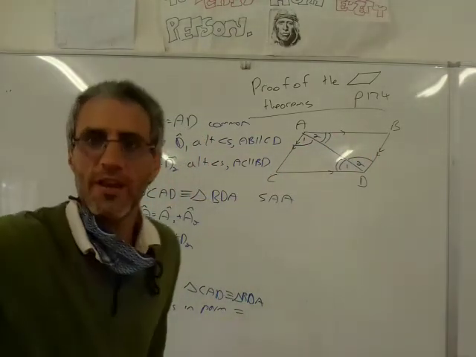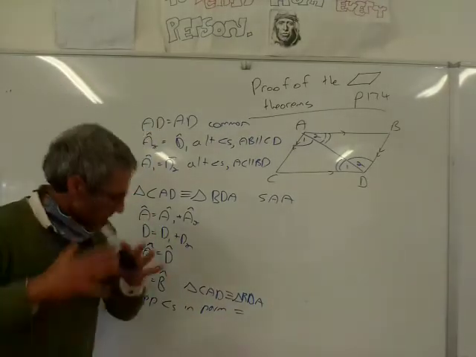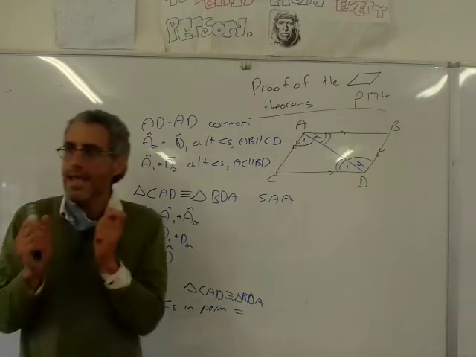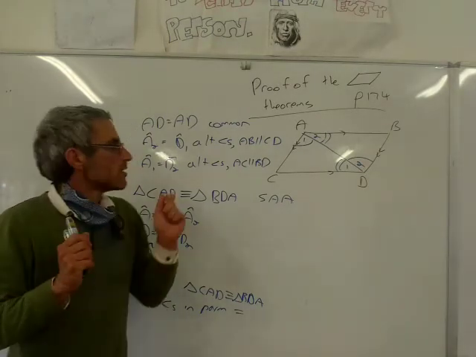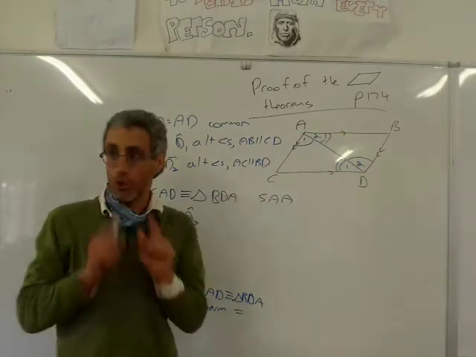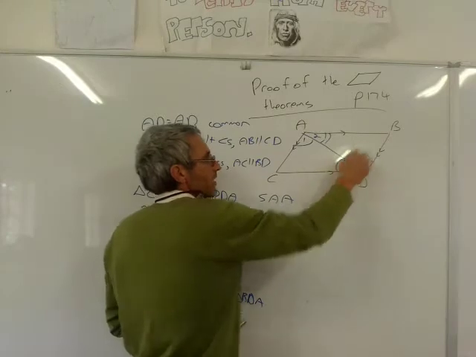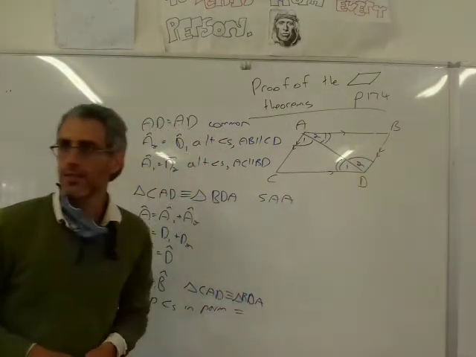There's a little bit of confusion, so I'll just maybe explain again. My aim was to prove that in a parallelogram, opposite angles are equal to each other. To prove that, I need to prove that this angle is equal to that angle, and that angle is equal to that angle.